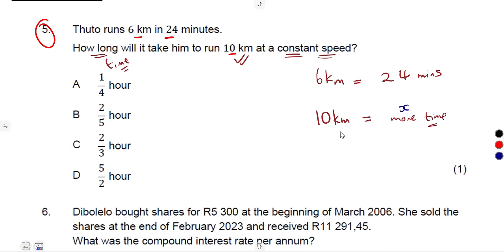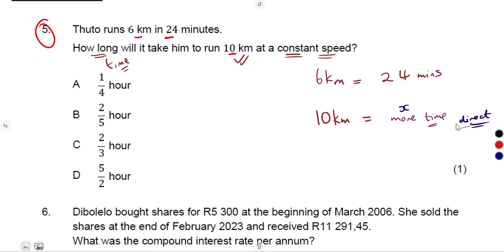It is different from a condition where, let's say, we are talking about the number of men working in the same field. The more men, the less time they take. Here, at a constant speed, the more distance you cover, the more time you take. So that's direct. All right.